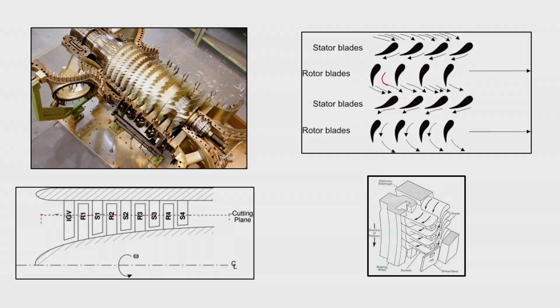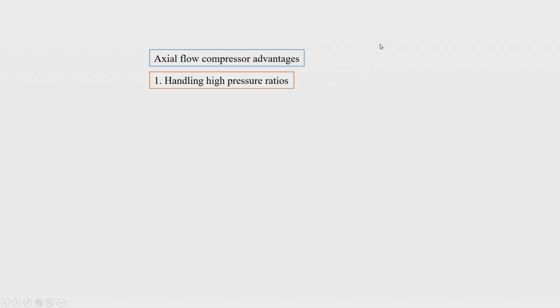Axial flow compressors are generally used for various advantages, and those advantages include that they can handle very high pressure ratios. However, they do not handle the high pressure ratio in a single stage, but overall the pressure ratio required for high power generation in electricity generation, or higher thrust requirement in aircraft propulsion.